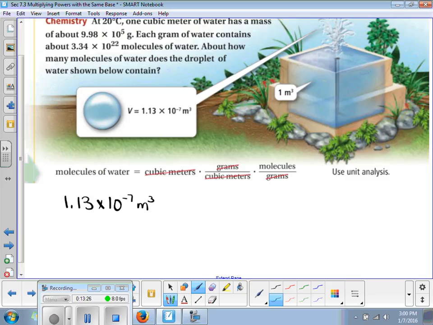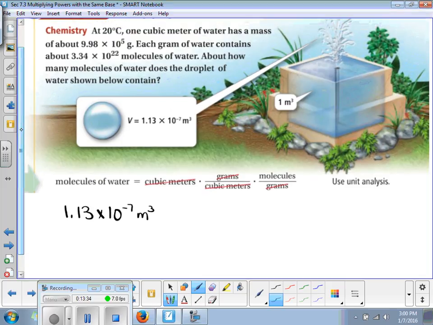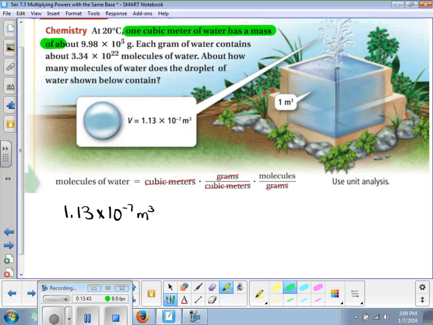Now, we want to change from cubic meters to grams. So up here in the problem, it tells us that 1 cubic meter of water is about 9.98 times 10 to the 5th grams. Okay? Now, how am I going to change cubic meters to grams so that the cubic meters will cancel?